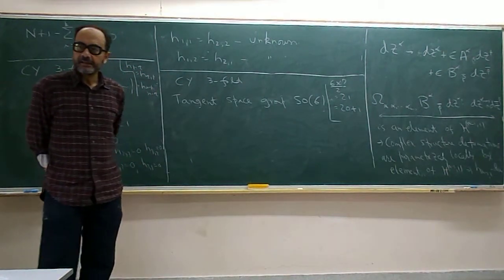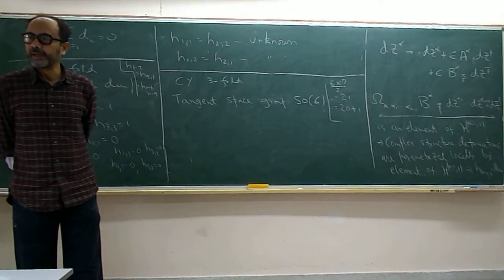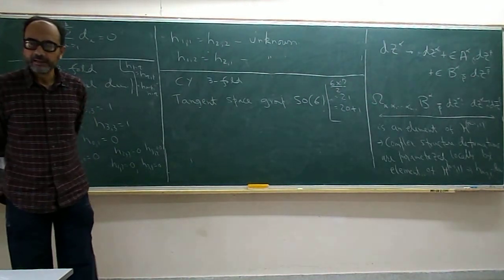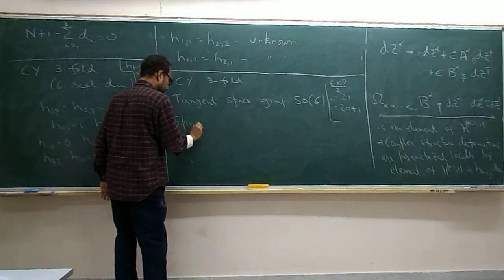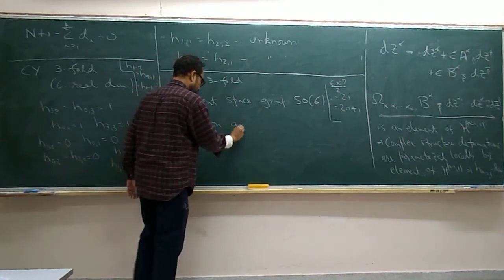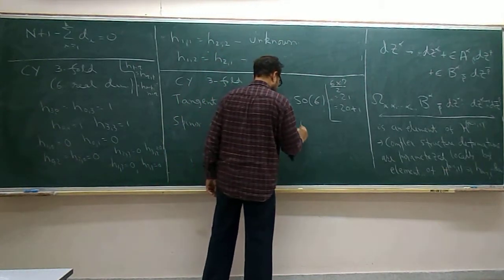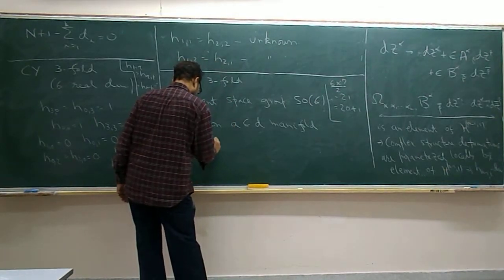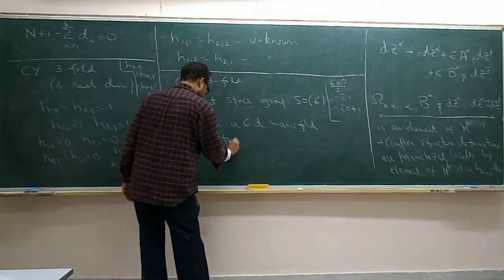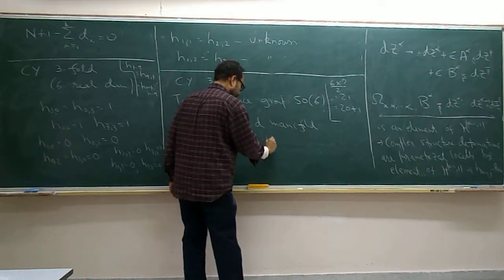Now spinors also transform under certain representations of SO6, but these are spinor representations. So a basic spinor on a 6-dimensional manifold will transform in the 4 representation of SO6.